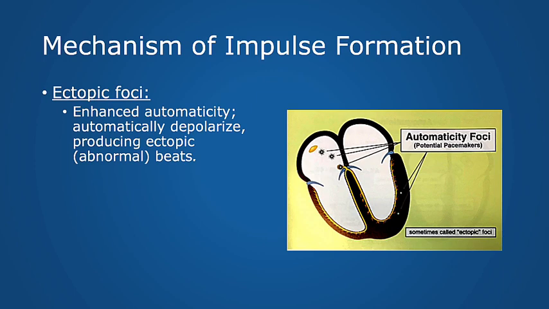Because remember the 4 properties of cardiac cells? Automaticity, contractility, excitability, and conductivity, right? Automaticity means that it can create an abnormal beat. Any of the cells that are electrical in nature in the heart can create a conduction.